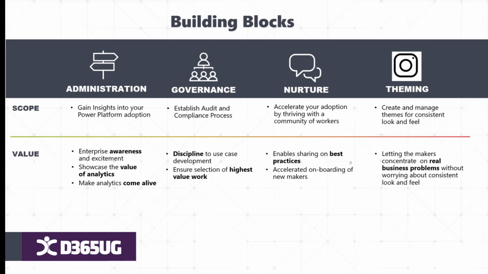And then, once you've established the administration side of things and you've taken stock of how things are happening on your platform, how the apps are being created, you move on to the governance process. You start taking control in terms of driving higher standards and auditing the apps as they are being created, from cradle to grave, the whole process.